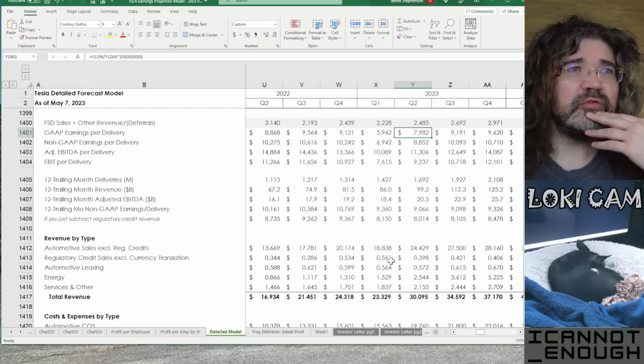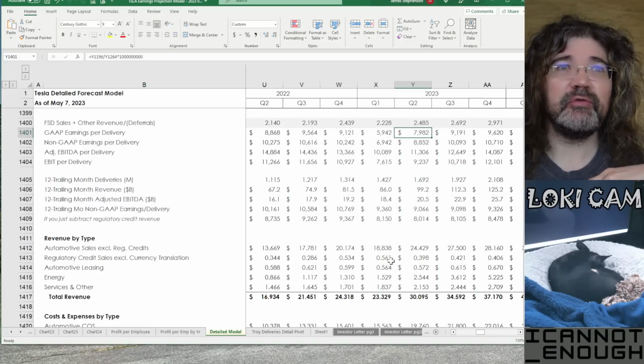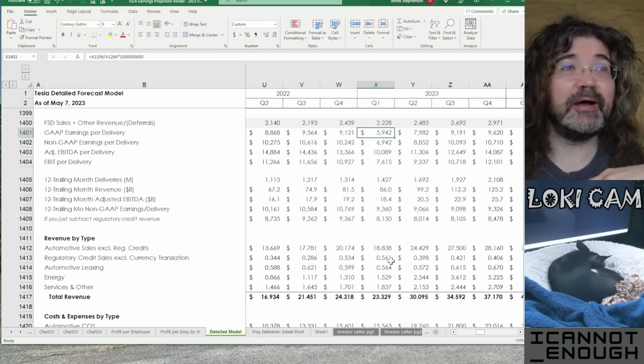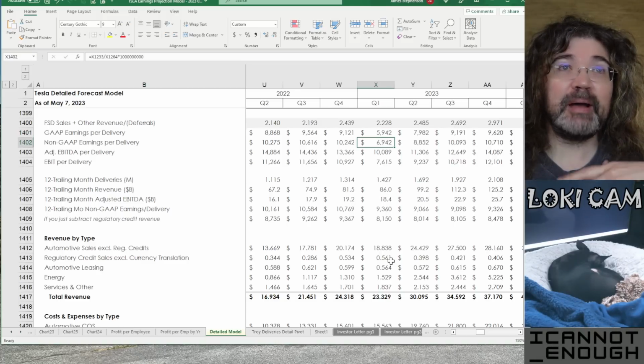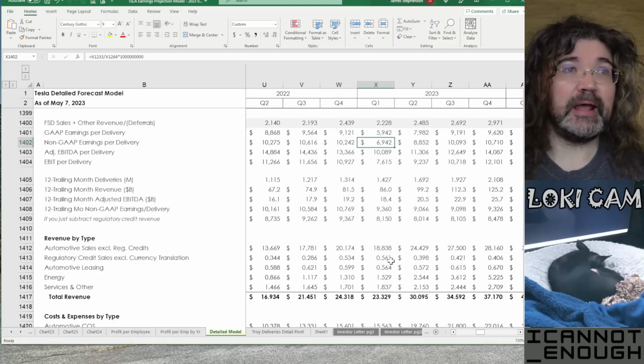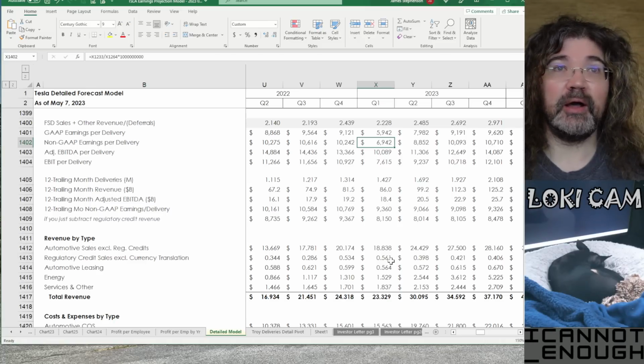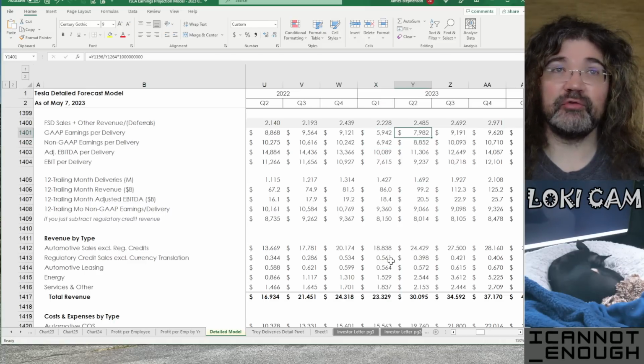All right, so what's in this next section? GAAP earnings per delivery. So this number was down a lot, less than $6,000 worth of GAAP earnings per delivery, about $7,000 worth of non-GAAP earnings per delivery in Q1. I do have these rising. These are all in.